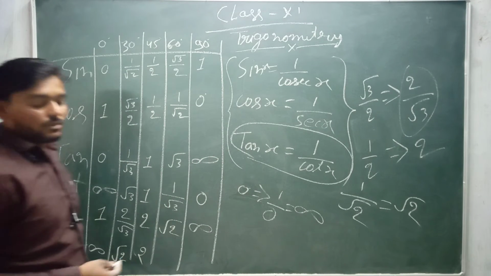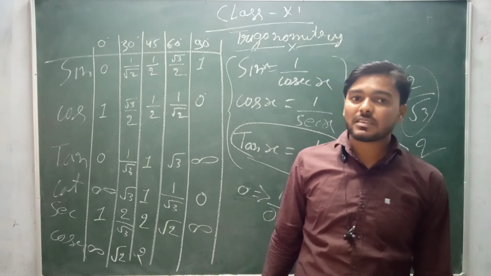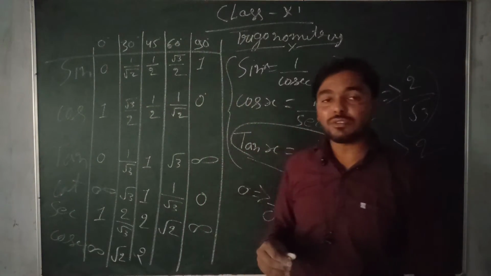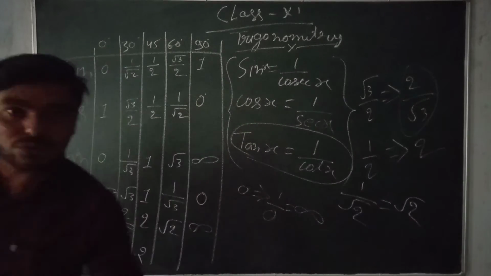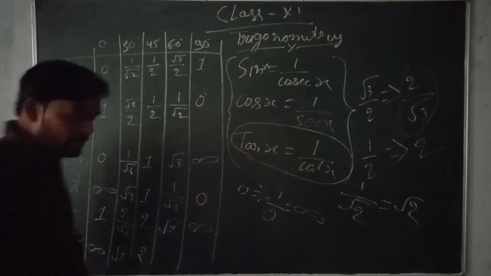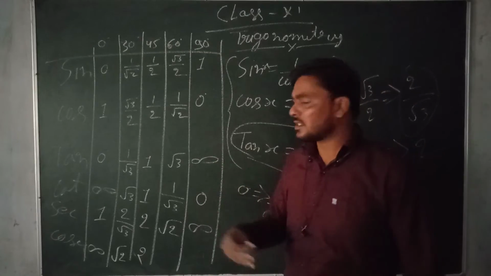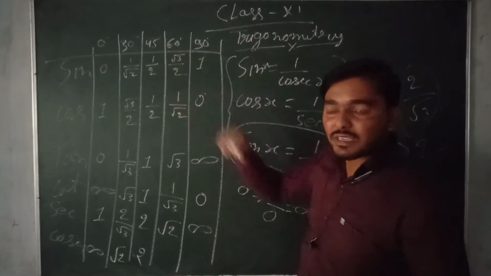Now how will we reciprocate the sin 60 value? I told you earlier, the denominator goes to numerator and the numerator goes to denominator. Sin 60 is root 3 by 2.